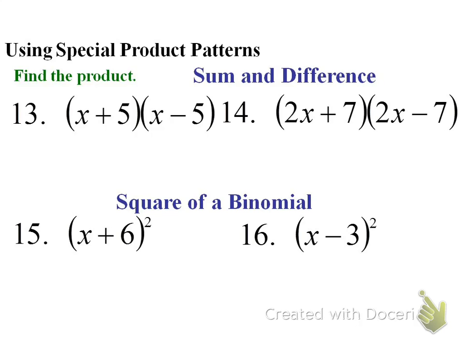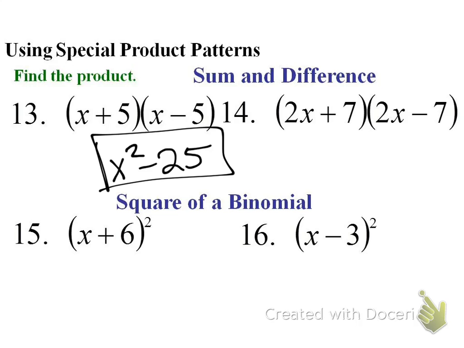When you have a sum and a difference multiplied together, what happens to the middle term when you double distribute? It always cancels. So we could just go right to the answer here. Anyone know what the answer is? Yep, x squared minus 25. Good. That one's usually an easy one to remember because you guys are used to factoring those. It's a difference of 2 squares.